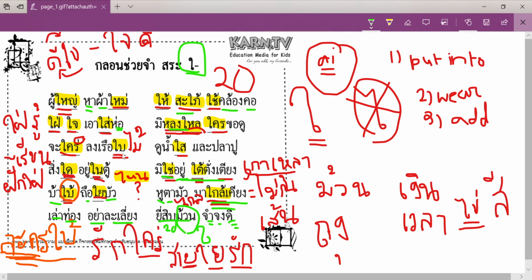It's also a classifier for something like a sheet of something, so กระดาษ 1 ใบ. And ใส means clear, like crystal clear water, น้ำใส. You can think of going to the beach like PP or Phuket Island, and the water is so clean and clear, น้ำใส.